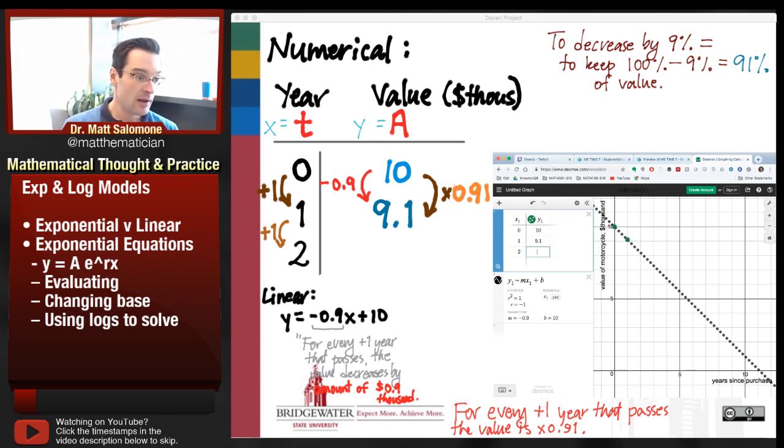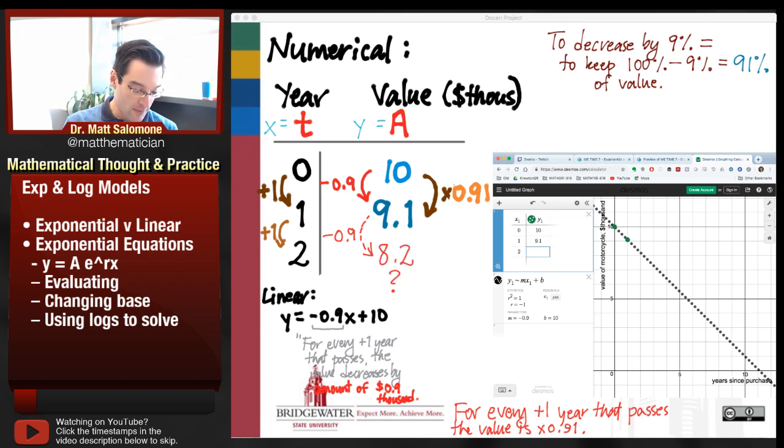Now, on the one hand, if we believe the linear model, then the linear model would claim that what has to happen over that year is that this motorcycle has to lose $900 again, okay? Minus 0.9. And if I subtract 0.9 from 9.1, I'm going to get 8.2.